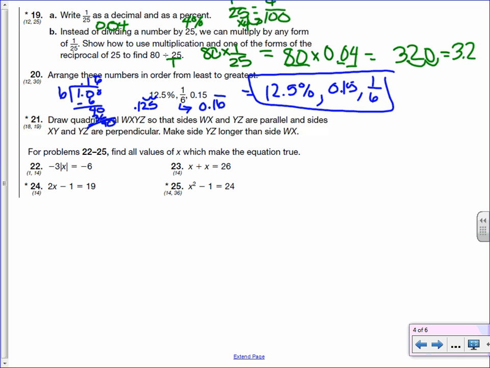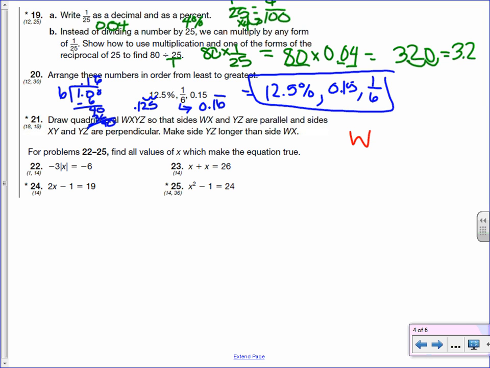Draw quadrilateral WXYZ so that sides WX and YZ are parallel and sides XY and YZ are perpendicular. Alright, so let's draw this out.